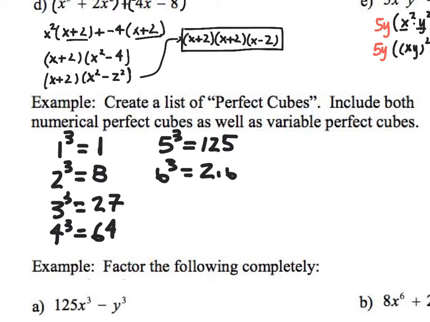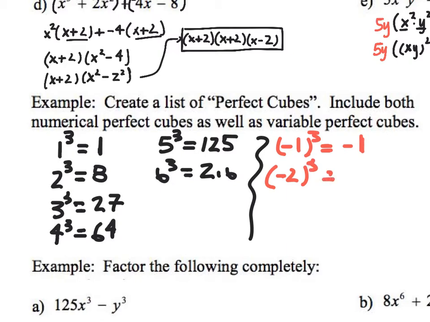Now if you want to think about something else that's a perfect cube, also think of this. If I were to do -1 cubed, -1 times -1 is +1, times -1 again is going to give me -1. Same thing with -2 cubed, which gives me -8, and so on.